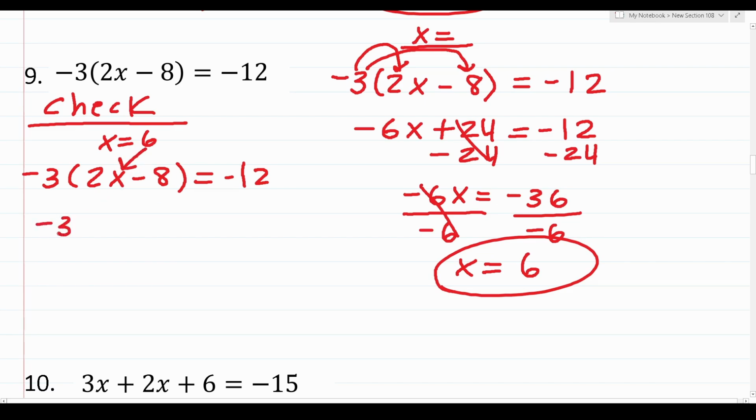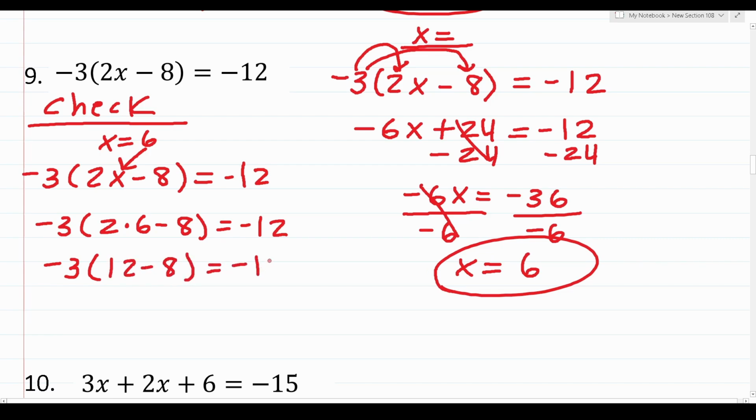So this becomes negative 3 times 2 times 6 minus 8 equals negative 12. All right, so according to the order of operations, we do what's in parentheses first. What's more, according to the order of operations, we do multiplication before subtraction. So this becomes negative 3 times, 2 times 6 is going to be 12, so this is 12 minus 8 equals negative 12.